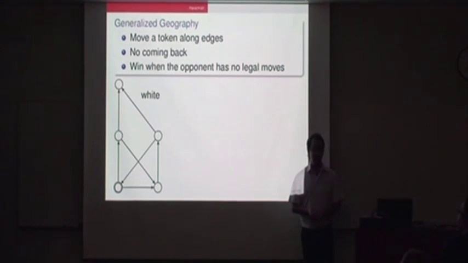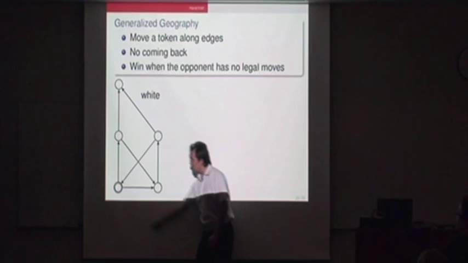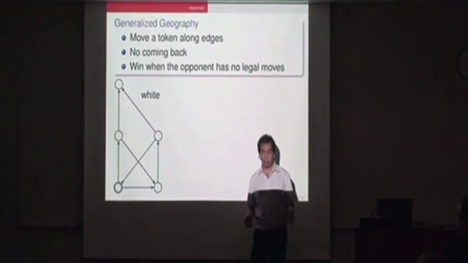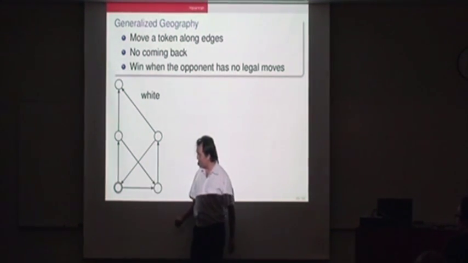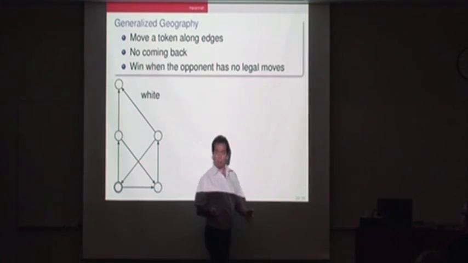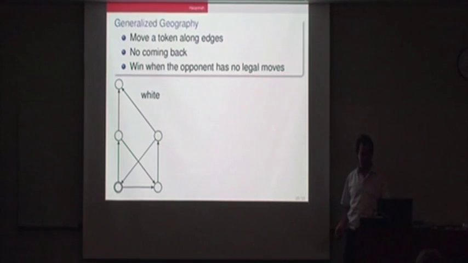What is this game? This is much more abstract than Hex. It's a game played on a graph. There's a graph like this one, a token on one of the vertices, and when it's your turn, you take the token and you move it to a neighboring vertex. Maybe this one, maybe this one. Then it's the opponent's turn, and they move the token to a neighboring vertex.